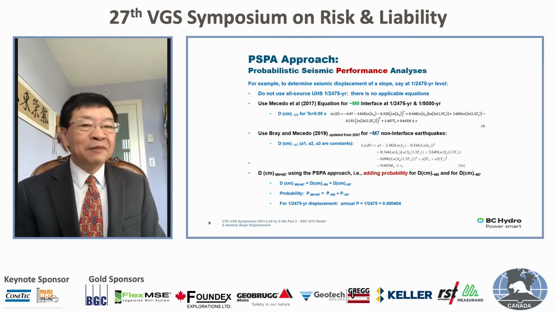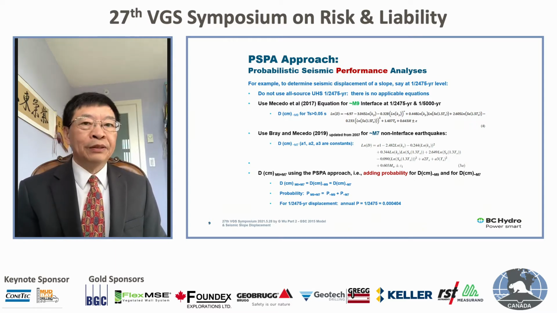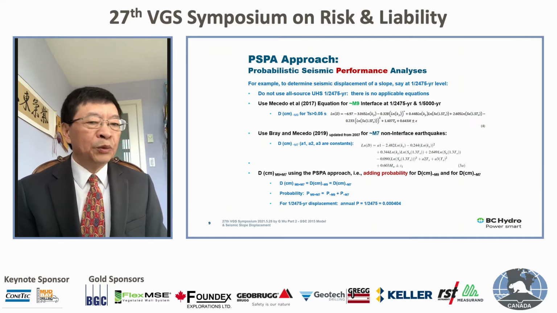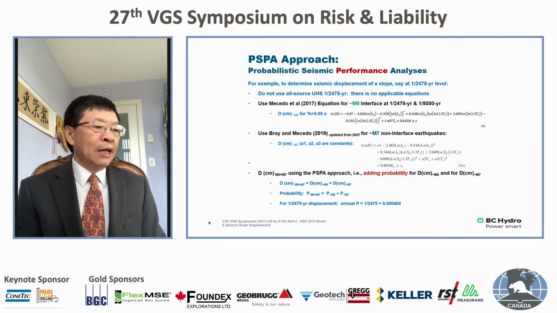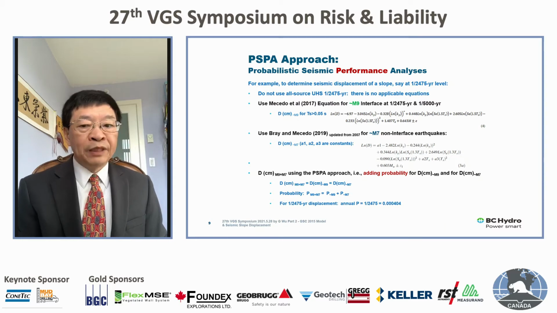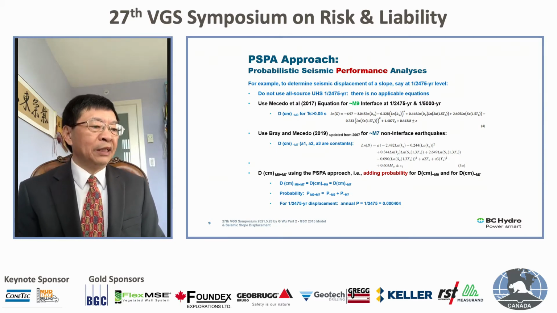And for the M7 crustal earthquake, in the original equation, we had the 2007 version, but now Bray and Macedo have updated that to 2019. So this is the second equation. And each equation is applicable to only one type of earthquake. One is interface, the other one is non-interface.